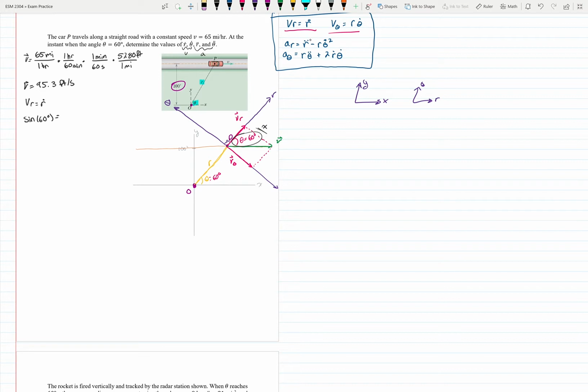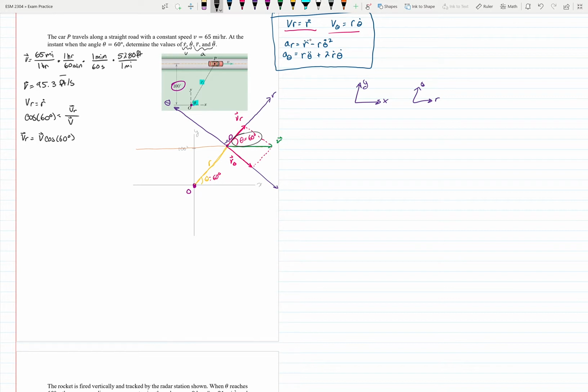So we don't want sine of 60, we want cosine of 60 degrees, which relates Vr over the velocity that we know. We don't know Vr, so we can easily solve for Vr, and that's Vr is equal to V cosine of 60 degrees.